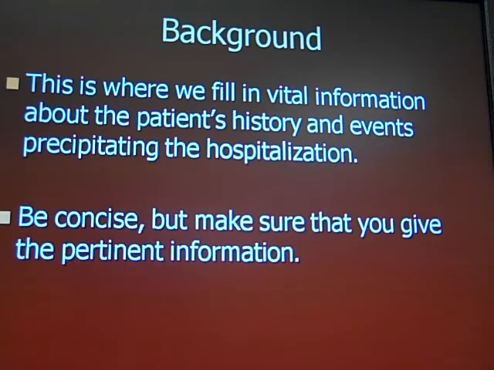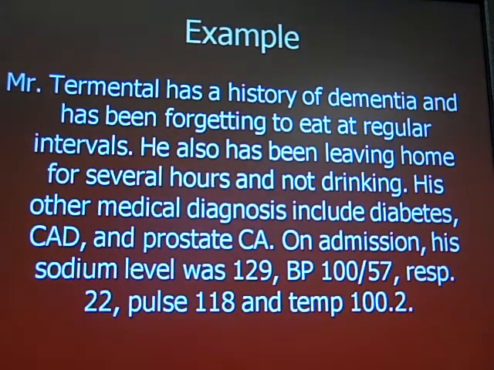If you look at your next slide in your handout, you'll see that I gave you the example. Mr. Altered Mental had a history of dementia and has been forgetting to eat at regular intervals. He also has been leaving home for several hours and not drinking. We all know that dementia patients are at risk for this.